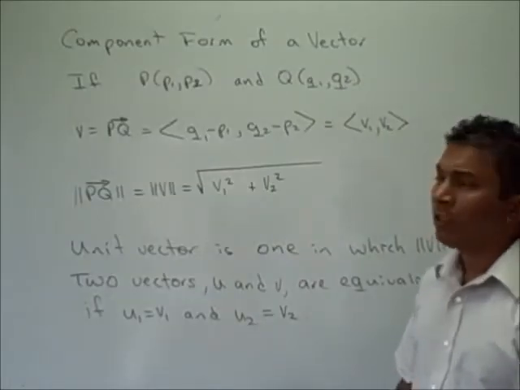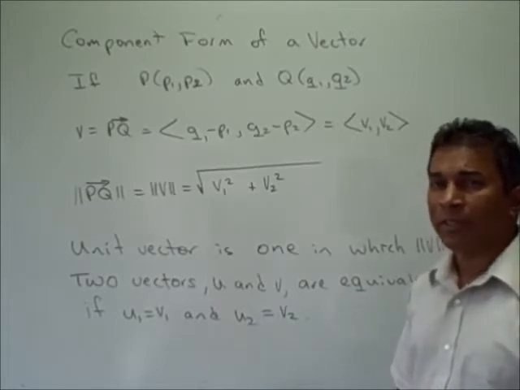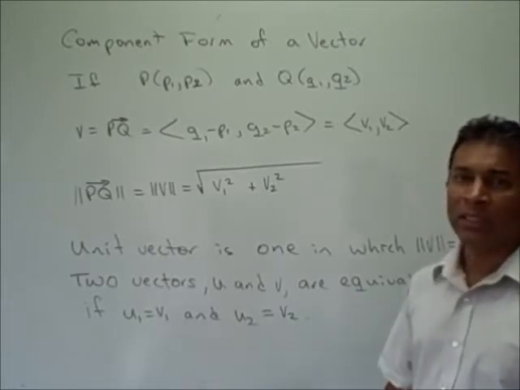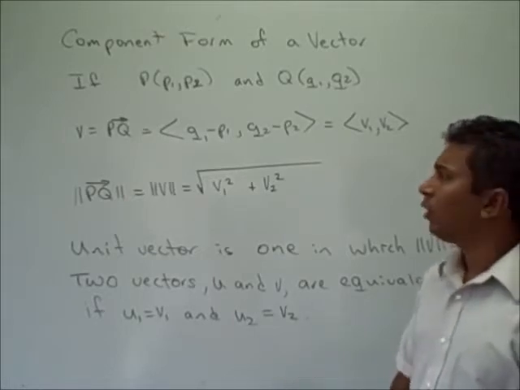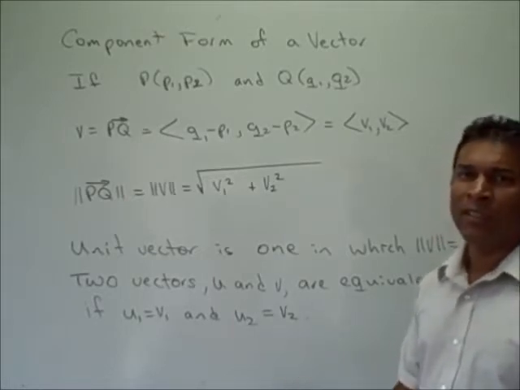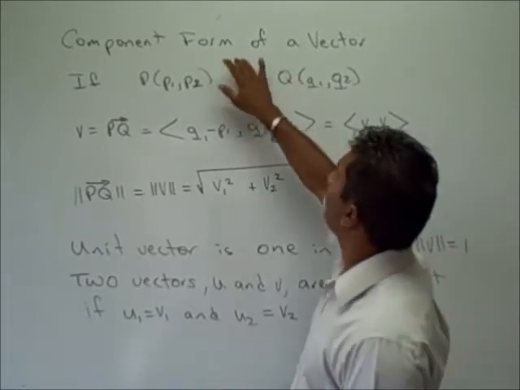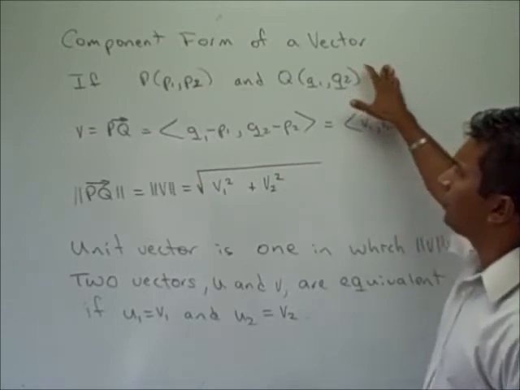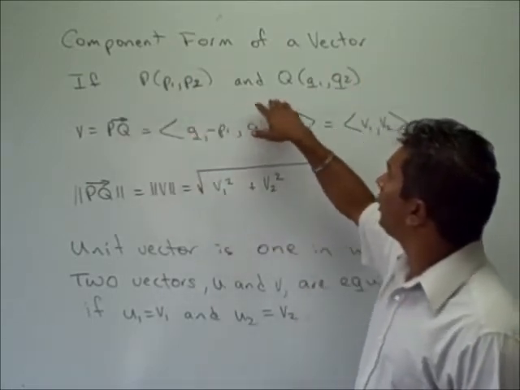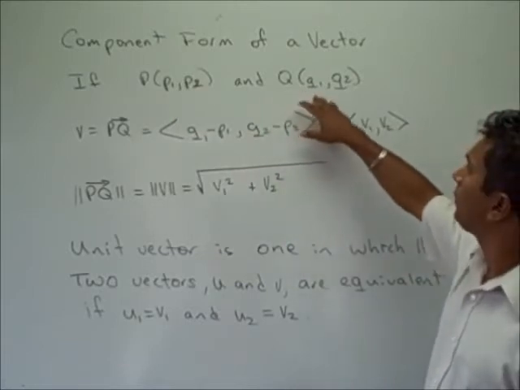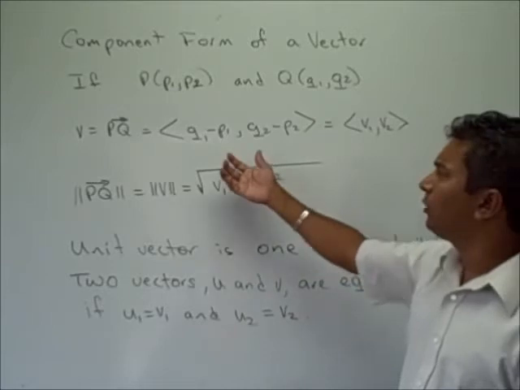Now, for a vector, it's often more convenient to think of it in its standard form or standard position. Standard position is when a vector has its initial point P at the origin. To find the standard form, we call this the component form of a vector. If we have two points, the initial point being P1, P2, and our terminal point Q equal to Q1, Q2, then we can find this component form.